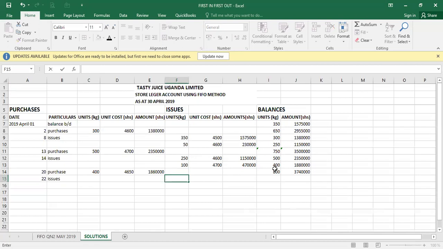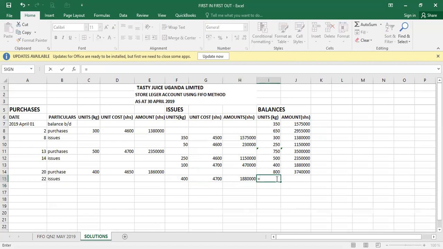So we first issue out the 400 units, but we are issuing them at the cost of the third batch. According to that, this quantity multiplied by the unit cost will give us that.